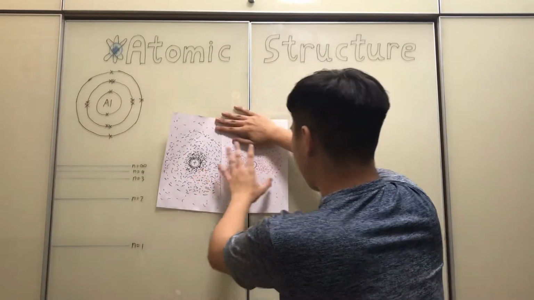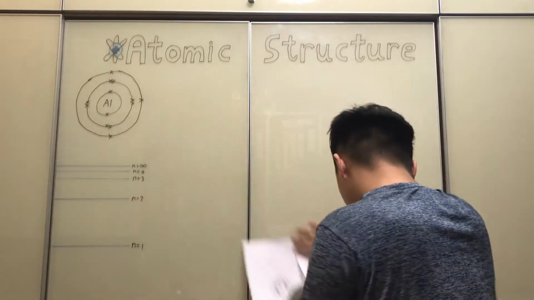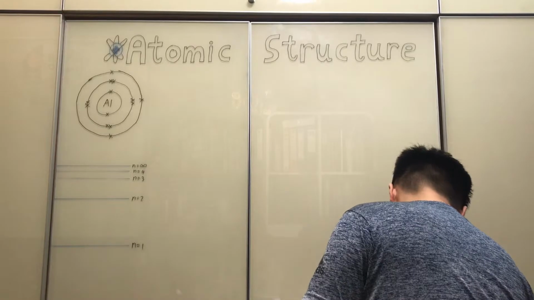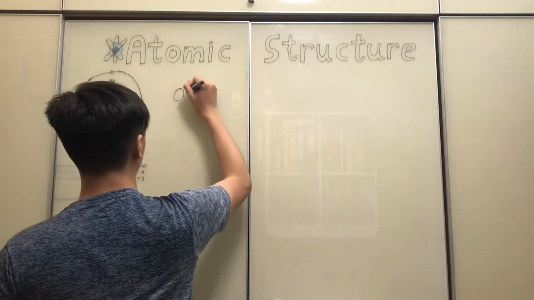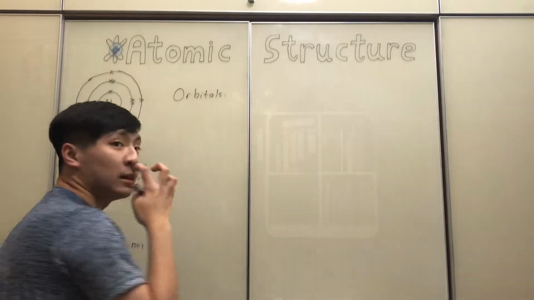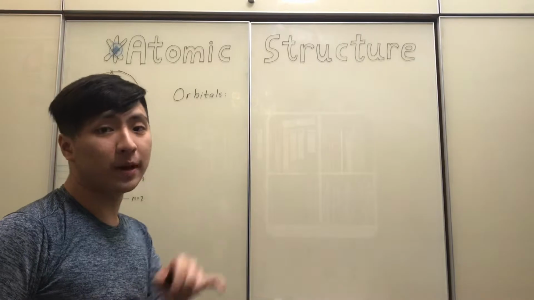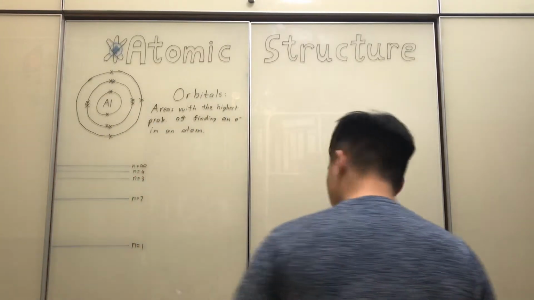These areas where the highest probability of finding an electron are what we call orbitals. Let me write that down. Make sure you copy down this definition. They won't ask you this definition in the exam, but it's better if you actually know it anyway. So that's basically orbitals.